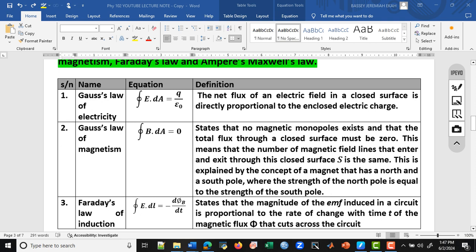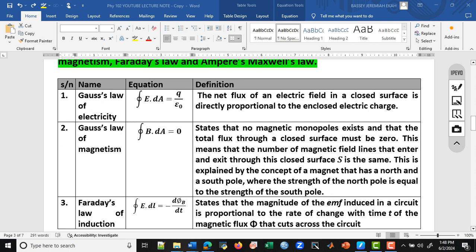E represents the electric field in consideration, and this is the area being considered in the closed surface, and this is directly proportional to the charge in that surface. The constant here, epsilon naught, is a constant.